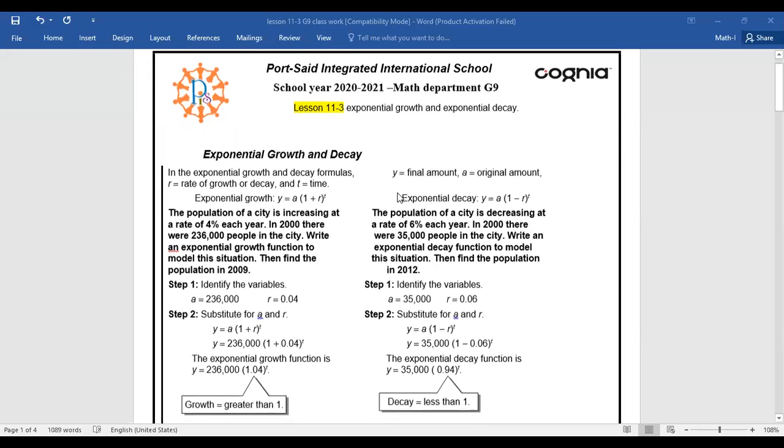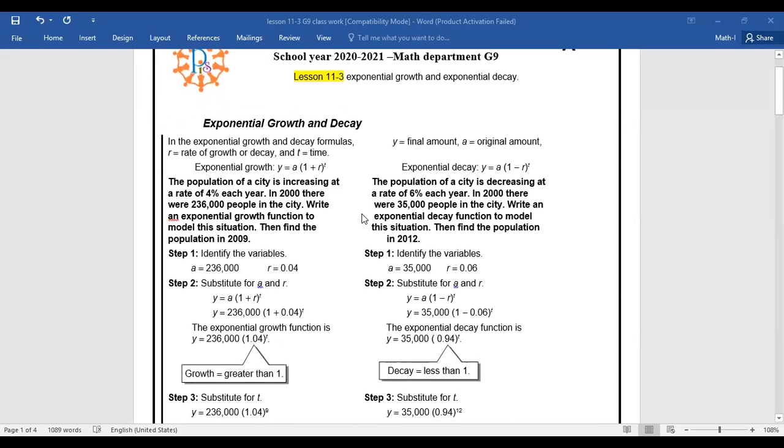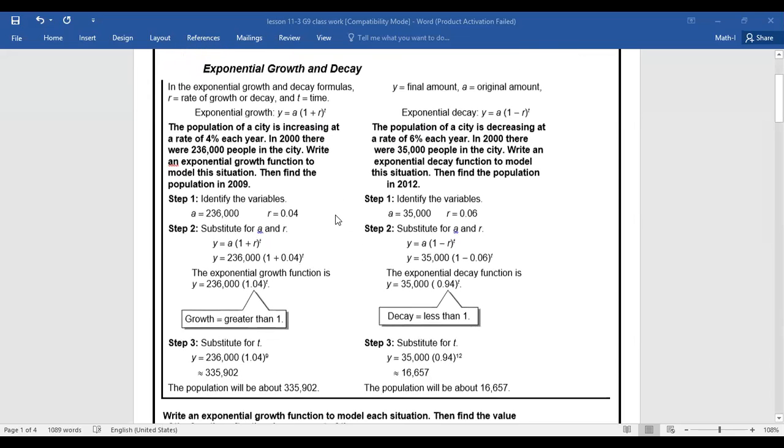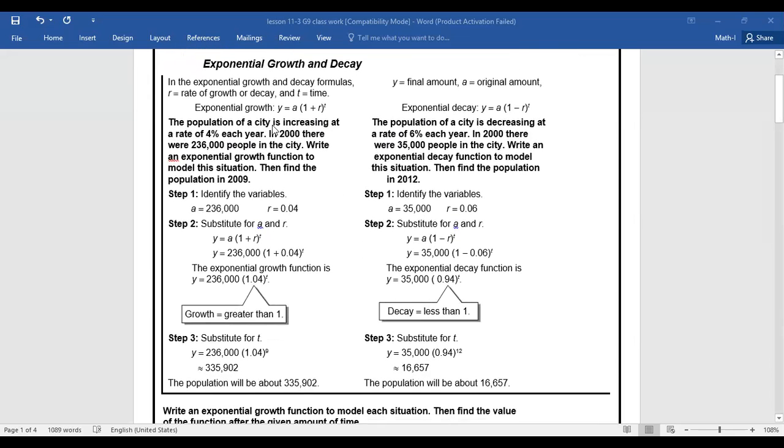Let's move now to take an example about each one. As I said, the exponential growth and decay formulas are y equals a times 1 plus r all to the power of t, and y equals a times 1 minus r to the power of t. Let's take an example. The population of a city is increasing, so this one is growth, at a rate of 4%. So 4% represents the rate.